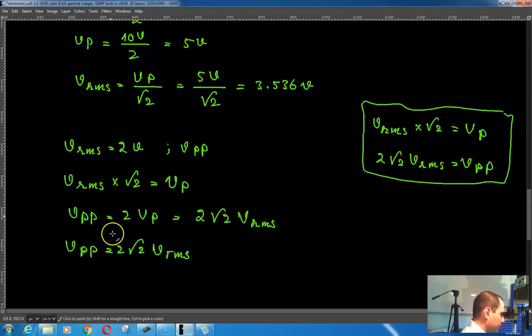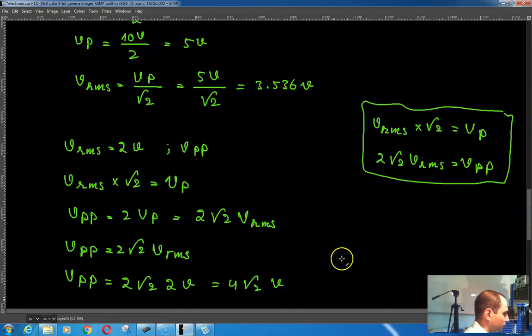And so in this case, I can write that V of PP is equal to 2 times the square root of 2 V of RMS, with V of RMS equal to 2 volts, which is equal to 4 square root of 2 volts.